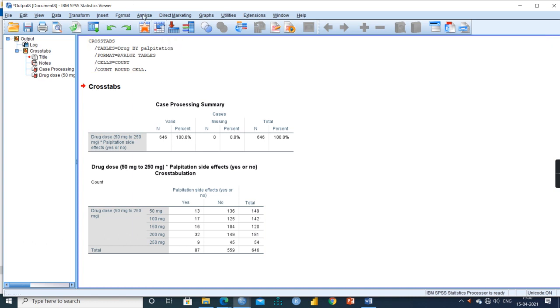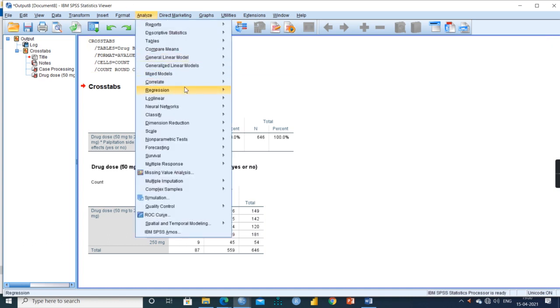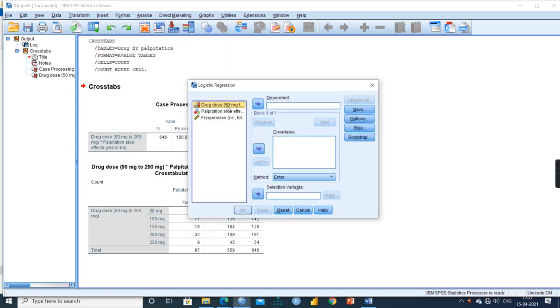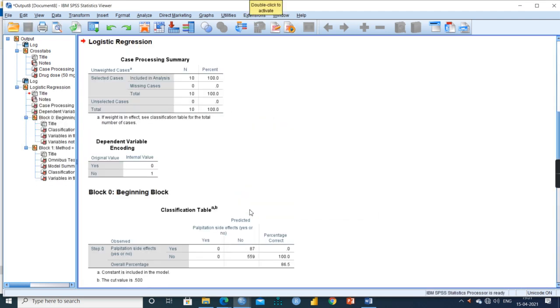Then we can go to Analyze, go to Regression and click Binary Logistic, where you have to choose the dependent variable as the nominal, dichotomous variable, and then you can choose drug under covariates. Straight away I am clicking OK, since the default function is more than enough for the Cochran-Armitage trend test.